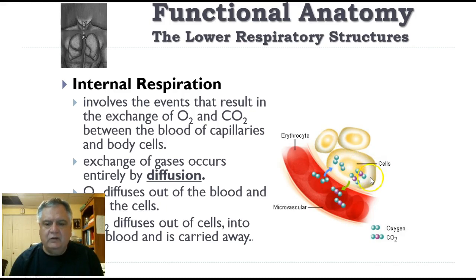The cells are manufacturing carbon dioxide through cellular respiration, so they're going to have a high concentration of CO2. And so what's going to happen? The CO2 was just dumped off in the lungs, so the blood's going to have a lower concentration of carbon dioxide, so the carbon dioxide is going to flow along its concentration gradient into the capillary. Okay? It's pretty simple.